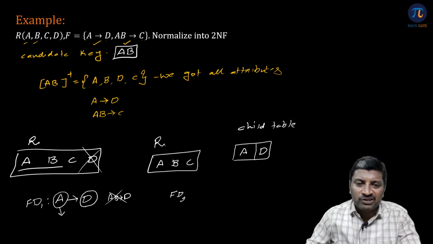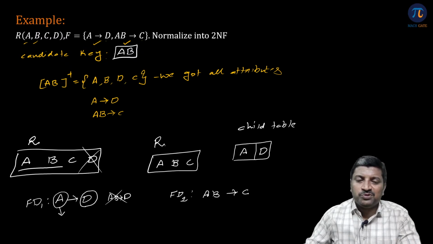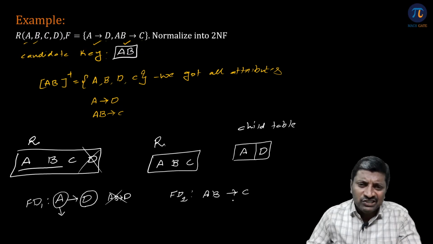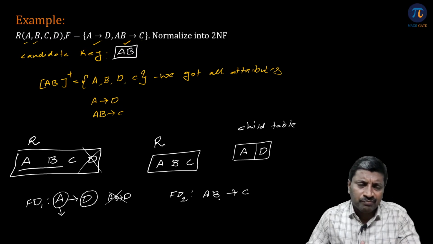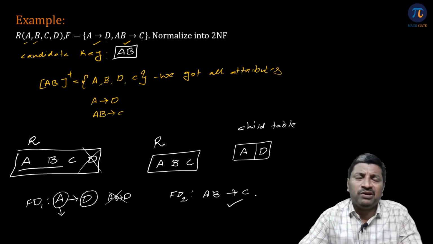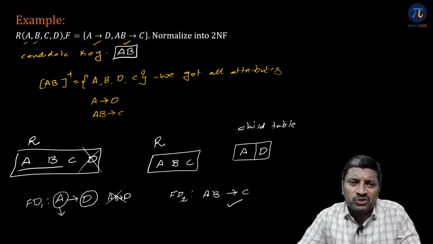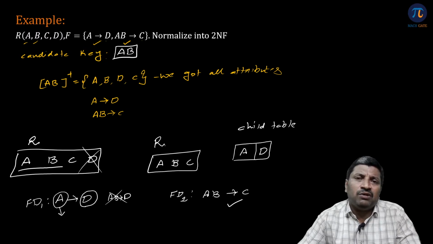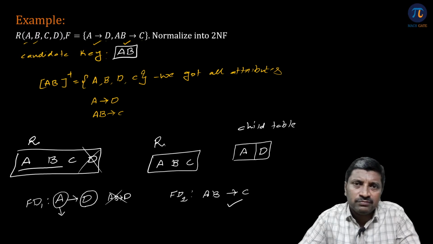I have one more functional dependency. What is that, sir? AB implies C. If you observe it, to find C, I need both of them, AB. Hope you understood it. So it is not an example of a partial dependency. So this is the way we will decompose the relation to satisfy second normal form, right?